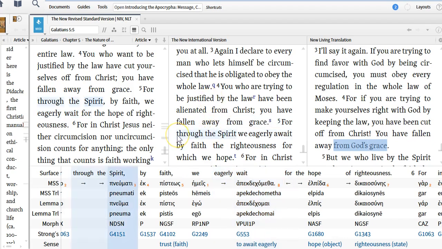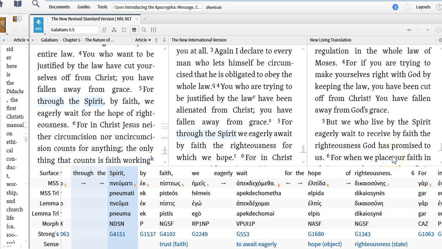And the NIV does exactly the same thing. Another dative of means. Now, the NLT seems to do something different, but I think really all it has done is add some words to make the meaning of the expression through the Spirit clearer. What does through the Spirit mean? It means living by the Spirit.